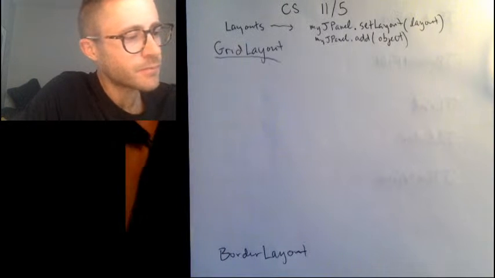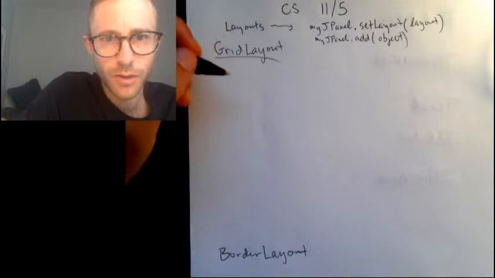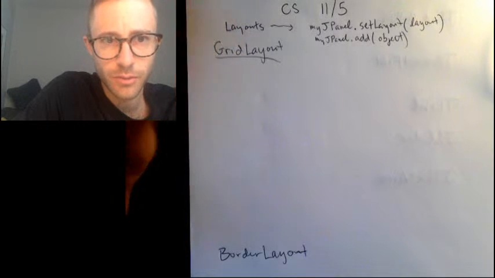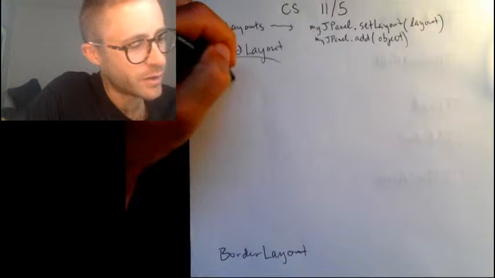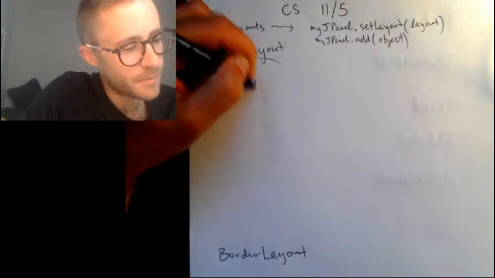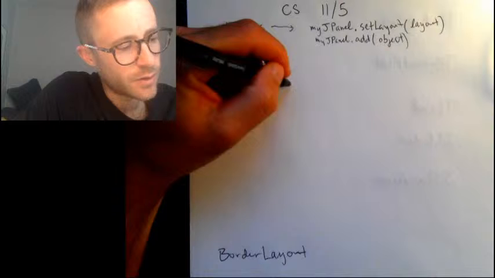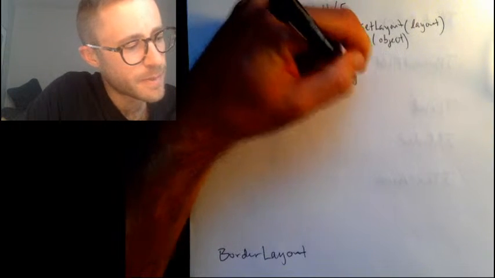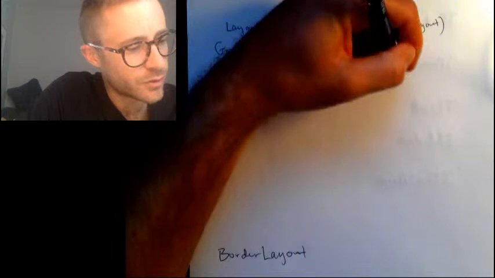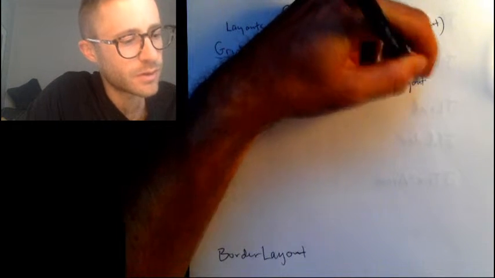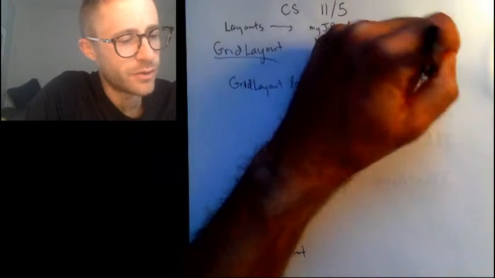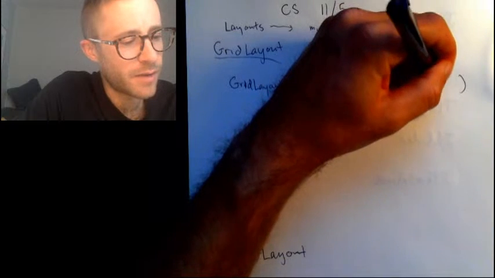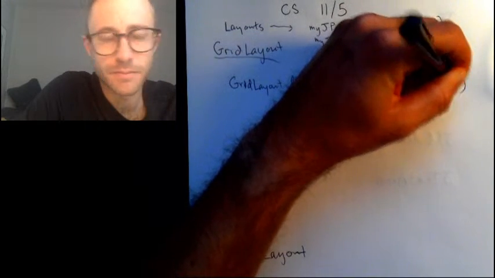If you were going to create a grid layout, you'd say gridLayout equals new GridLayout, and this is the constructor for the GridLayout class, and you give two numbers, so maybe 5, 7.